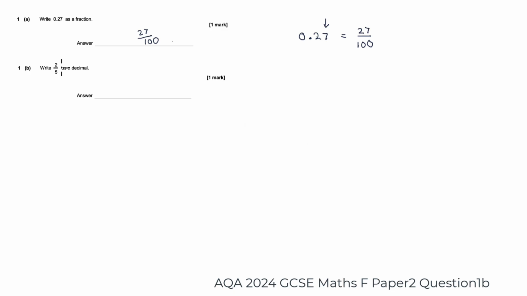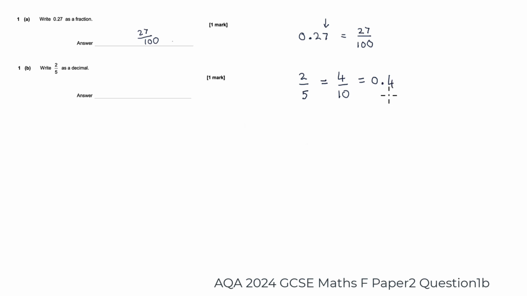Now part B, write 2/5 as a decimal. Again, you could enter this in your calculator and just work that out. However, there is a nice way of doing this. If we double the numerator and denominator, we get 4/10. And as a decimal, that would be 0.4.